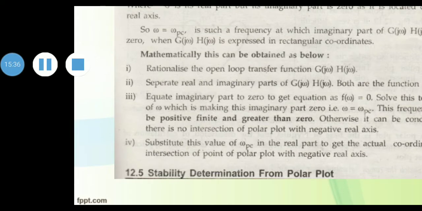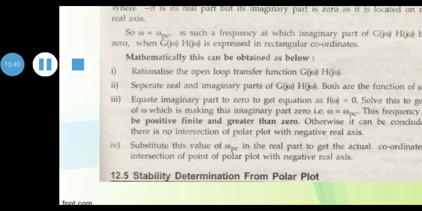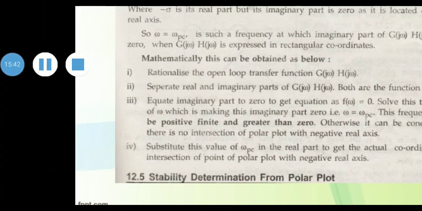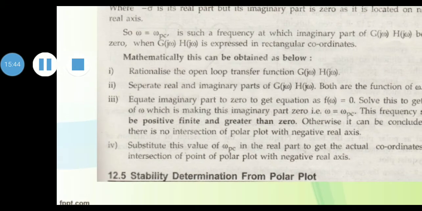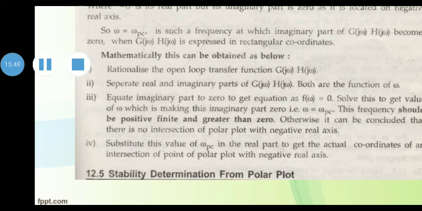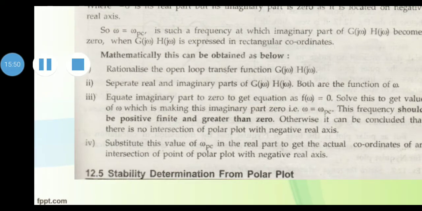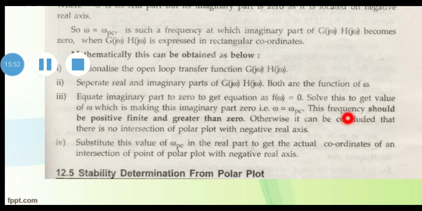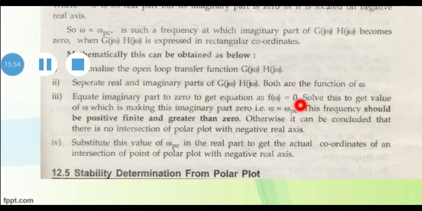So mathematically this can be obtained as: 1. Rationalize the open loop transfer function g of j omega h of j omega. 2. Separate real and imaginary parts of g of j omega h of j omega. Both are the function of omega. 3. Equate imaginary part to 0 to get equation as f of omega is equal to 0.